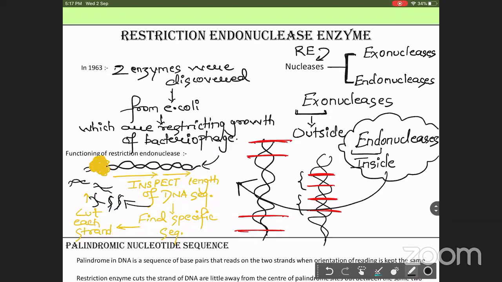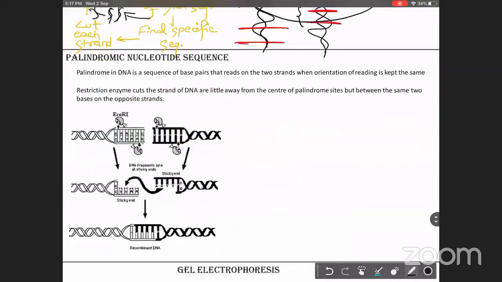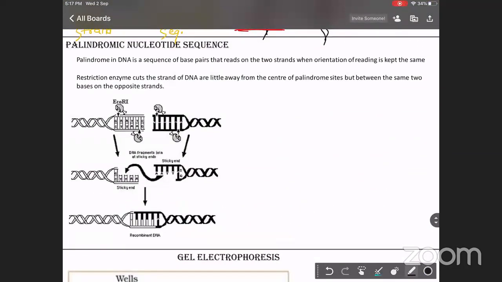Let's go further and talk about the specific sequence, which specific sequence we are talking about in the functioning of restriction endonuclease. Okay, so in front of you, it is written the palindromic nucleotide sequence.